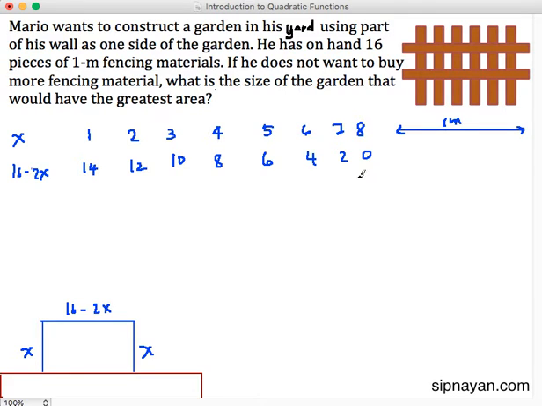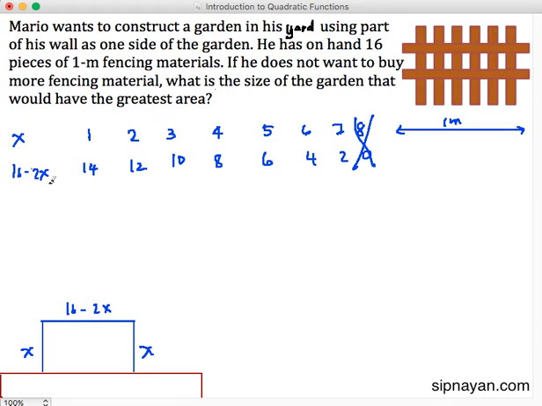Ano ibig sabihin ng itong 0? Kung may 8 ka na dito, saka may 8 ka dito, meron ka lang naman 16, wala ka ng cover dito. So, hindi pwede ito in real life. Kasi gusto mo nga ng fence, dapat lahat ng sides may fence. Ito walang problema dito kasi nandun siya sa wall ng bahay di ba?